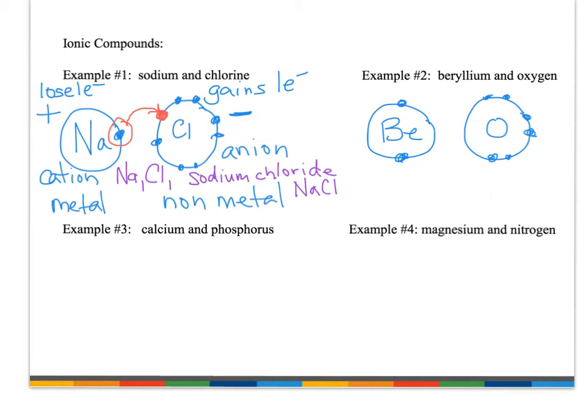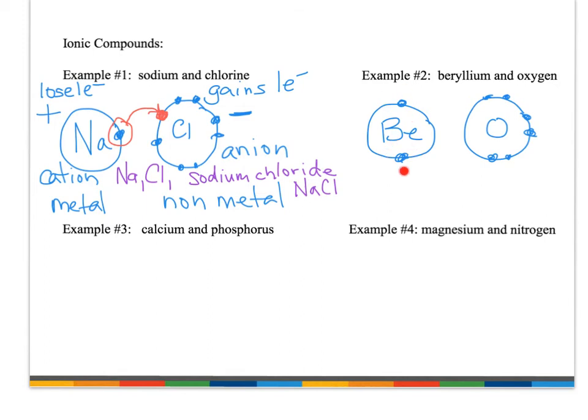We know it's easier to give up electrons when you don't have as many. So looking at beryllium and oxygen, it's much easier for beryllium to give up its 2 electrons to make oxygen stable than oxygen giving up its 6 electrons to beryllium to make beryllium stable.